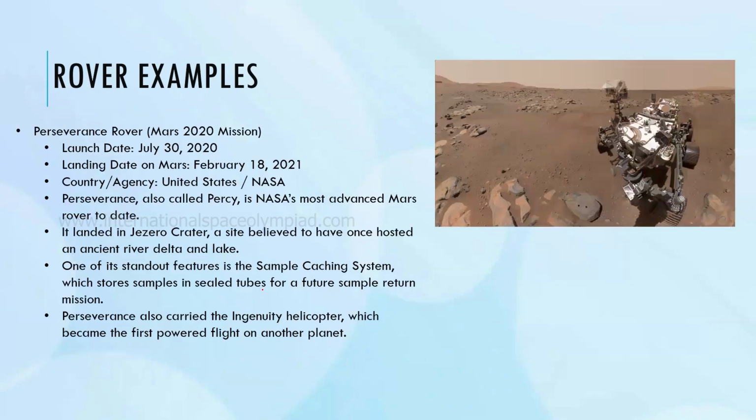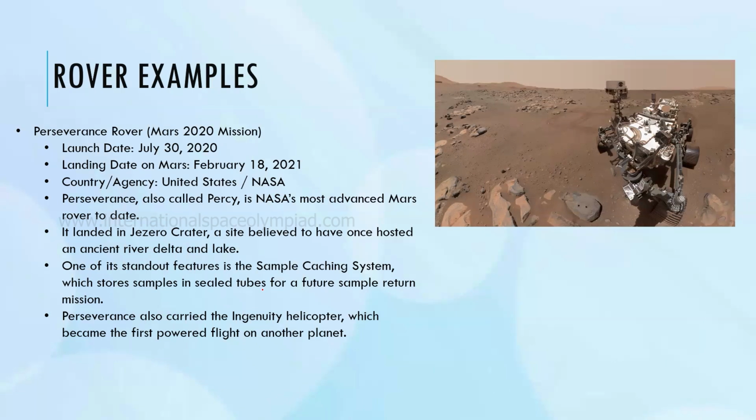Now, one of the best rover examples is Perseverance. In short, we usually call it Percy. It consists of many interesting things, like the drill. It can collect material, which will be sealed in tubes for future sample return missions.